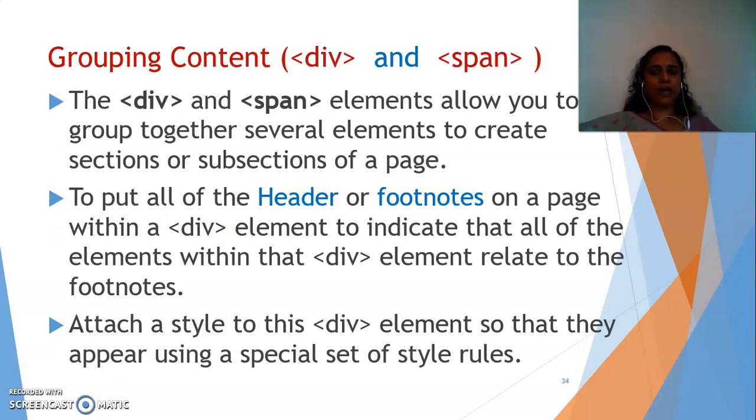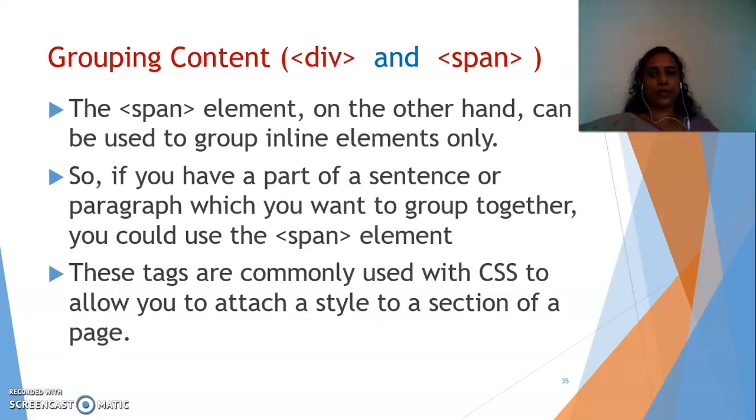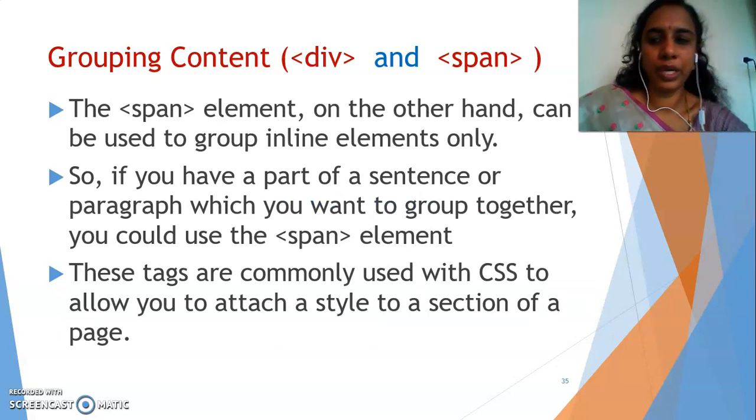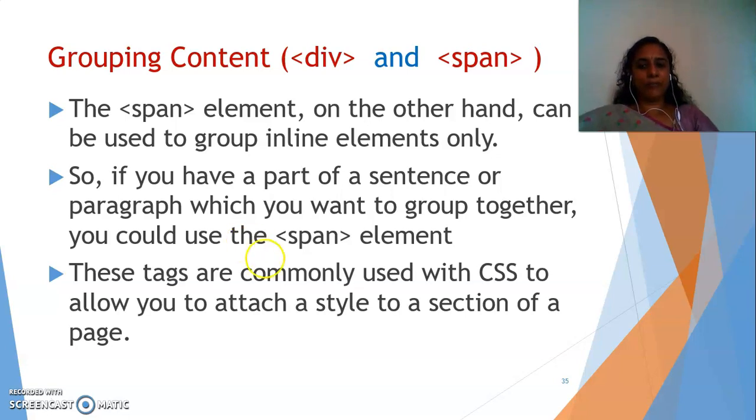There are two important tags called div and span, which allow you to group several elements together to create some section or subsection on a web page. Practically, I'll show you with some examples how these tags work. The span tag will help you in printing this text, and these tags are commonly used with CSS to allow you to attach a style to a section of a page.